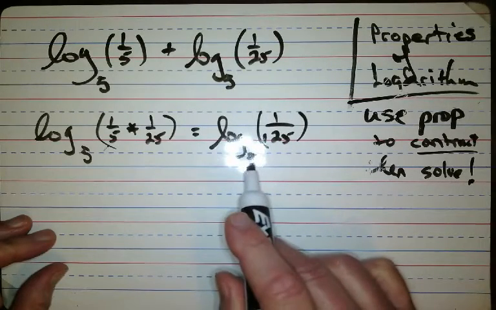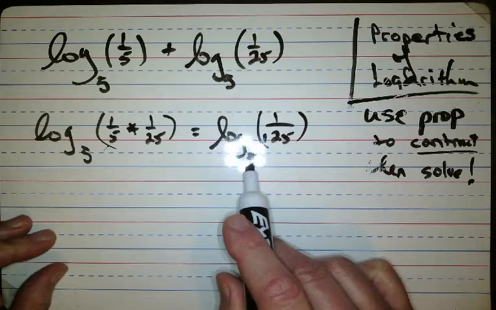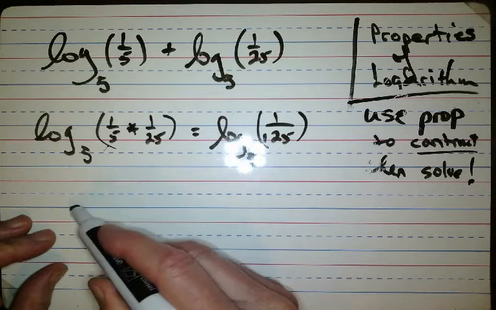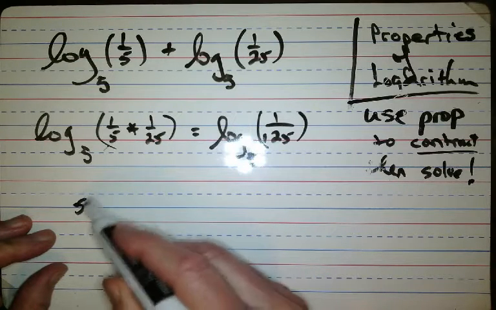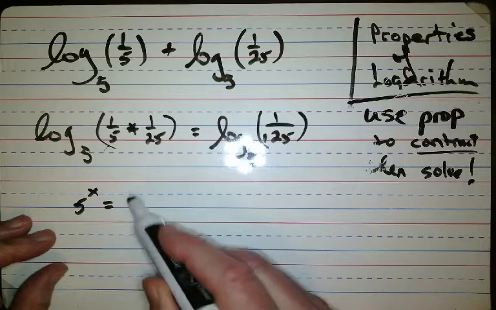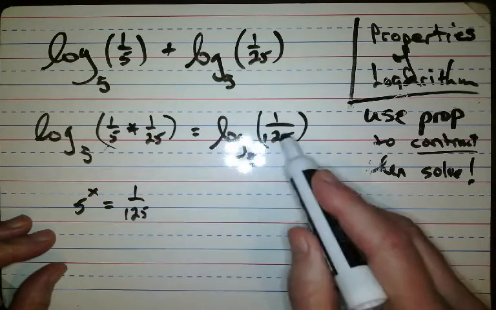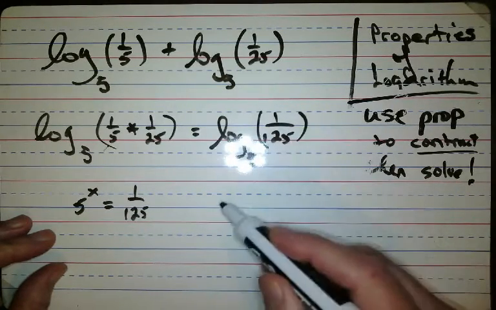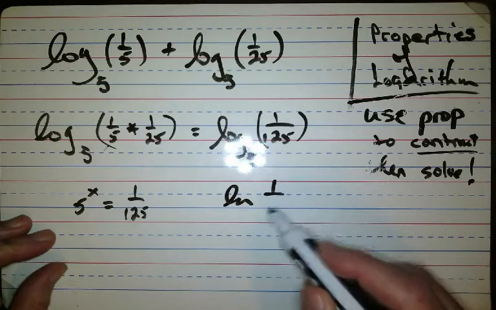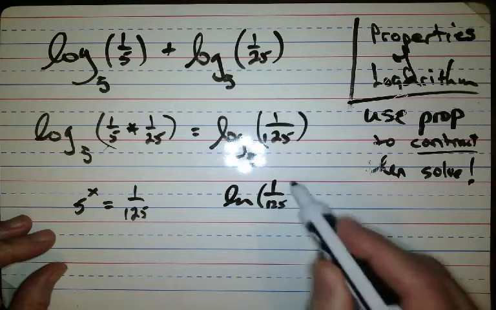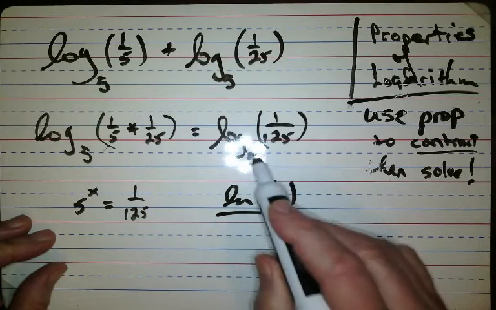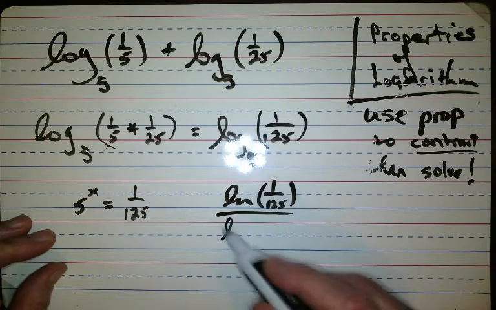Now don't lose this base, because that's what makes it possible for us to solve it. Because remember, to solve it, we're trying to find 5 to some power equals 1 over 125. And we don't know how to do that, so we take the natural log of whatever's inside, divided by the natural log of the base, and the base is 5.